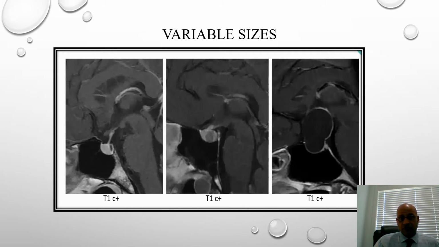And again, I hope you appreciate with the gadolinium enhancement here, you see the margin of the cyst hyperintensity, and here as well on the sides here. So that all represents pituitary tissue around the wall of the cyst, as you would expect.